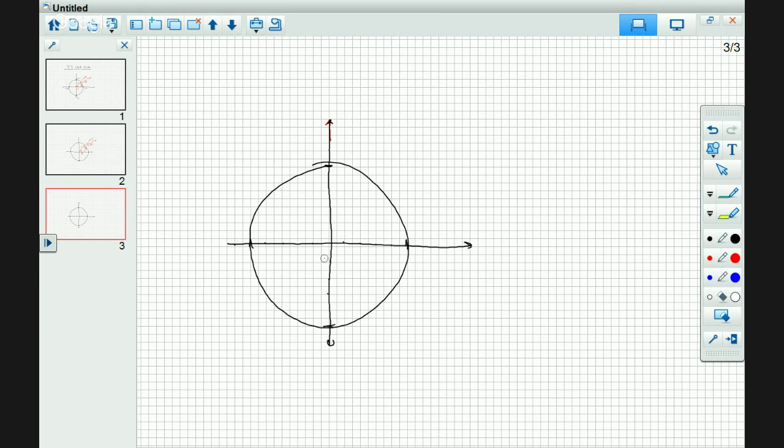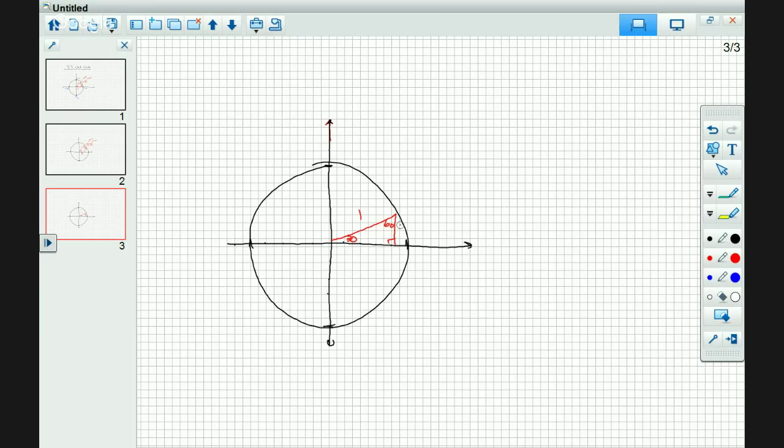Right, and we're going to have a 30, 60, 90 triangle. Again, the radius is 1. What is the y value here?